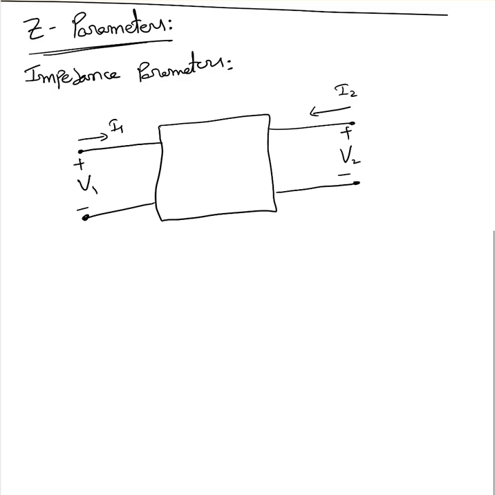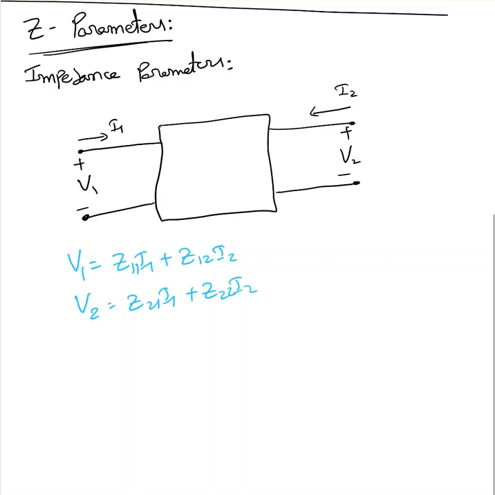How to find impedance parameters? To find the impedance parameters, these are the two equations we're going to use. The first equation is V1 equal to Z11 I1 plus Z12 I2, and V2 equal to Z21 I1 plus Z22 I2.